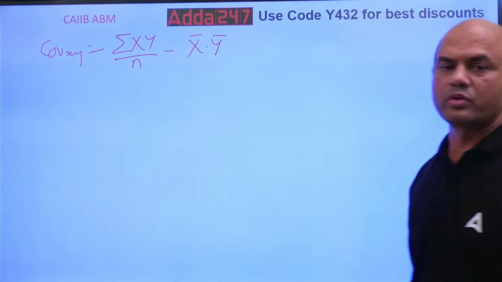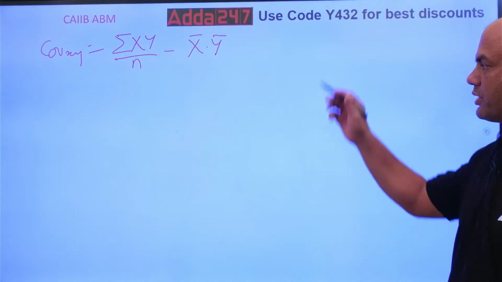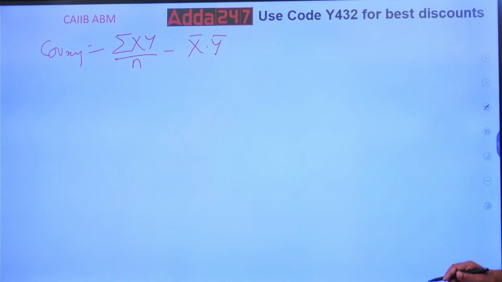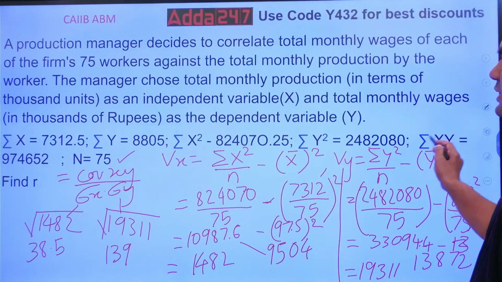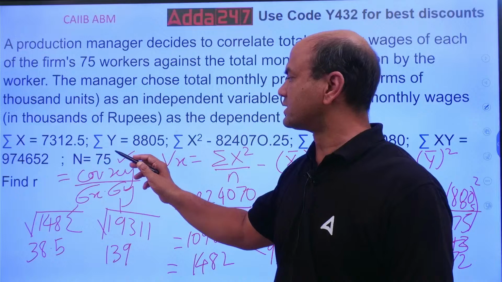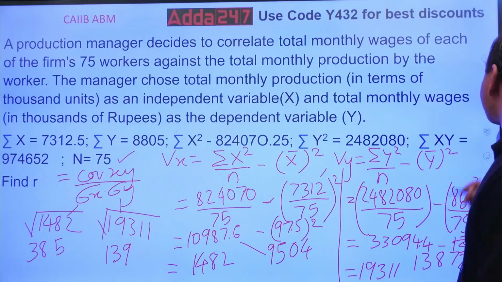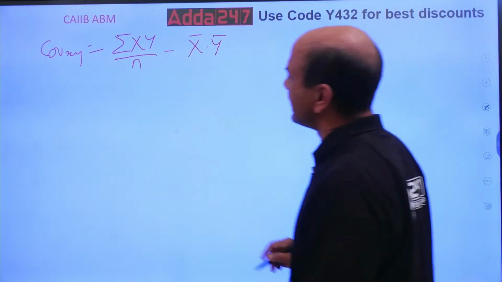Earlier we had x square, now xy. This is the formula for covariance. Find out, everyone. Summation xy you know, upon n. Summation xy is 974652. So I'll write this.